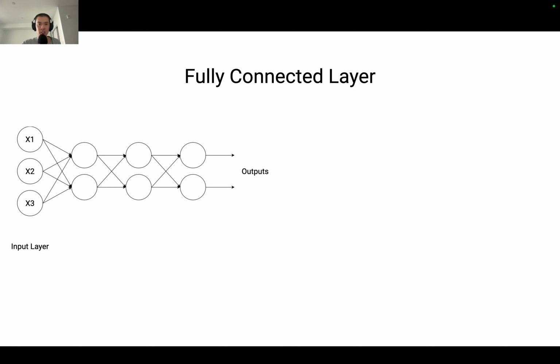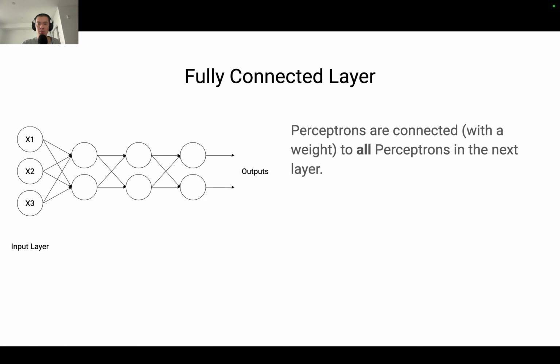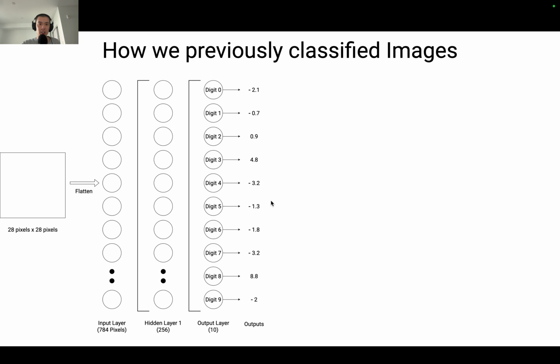So a quick review. In a fully connected layer, perceptrons are connected with a weight to all perceptrons in the next layer, as you can see in this picture here. The perceptrons are in fully connected layers. And here is how we previously classified images.